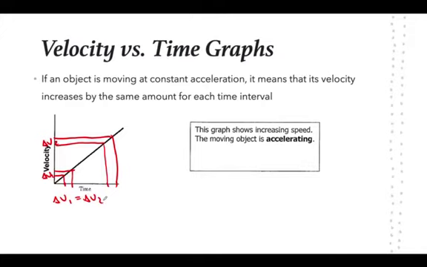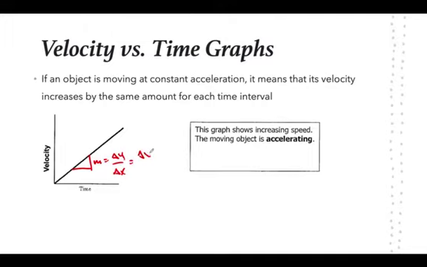Another way that we can find this out is by looking at the slope of this graph, which is delta y over delta x, which is delta v over delta t, which is acceleration.